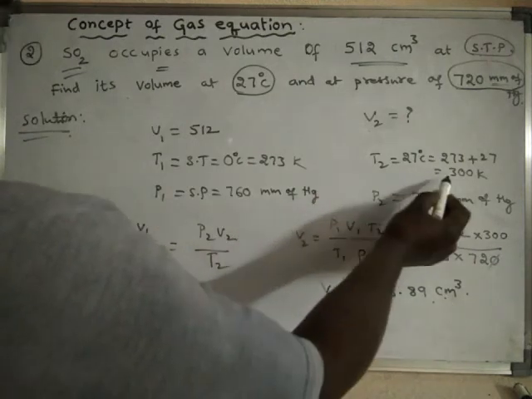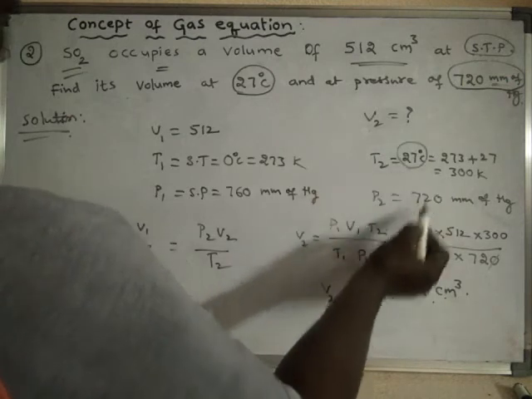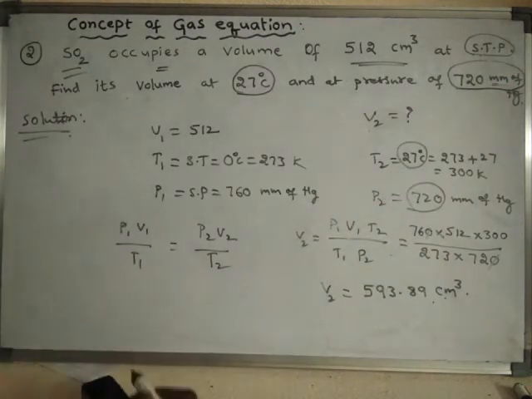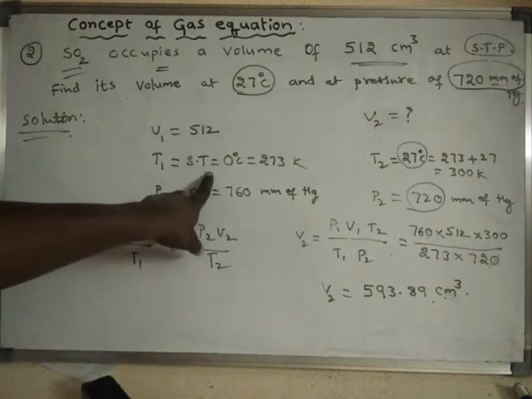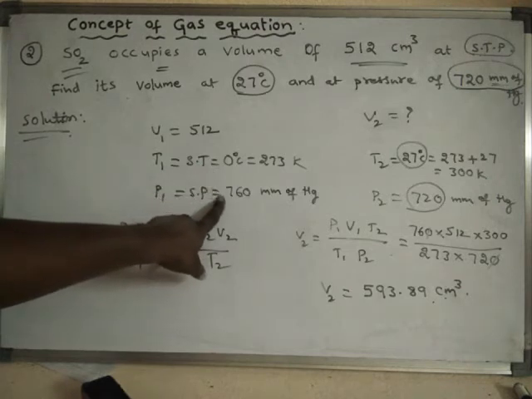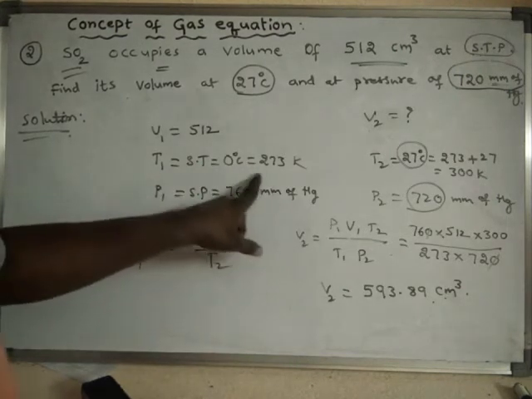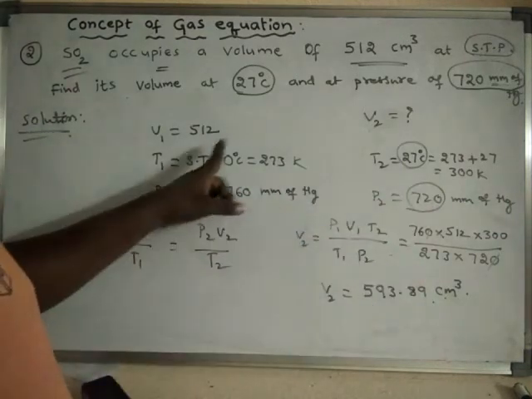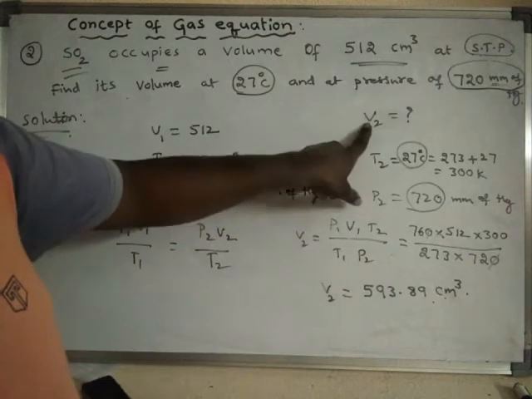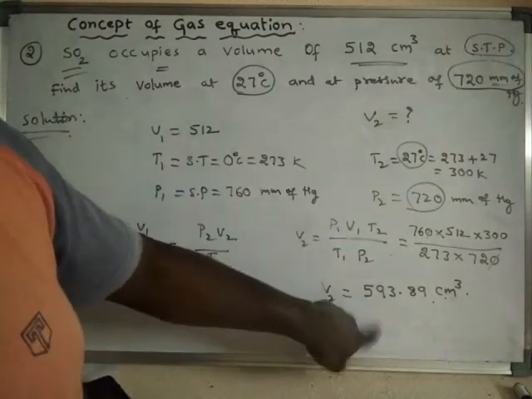When the temperature is changed to 27 degrees centigrade and pressure is changed to 720 millimeters of mercury from the standard temperature and standard pressure values, then there will be a change in volume, and the new volume, the changed volume, will be this much amount.